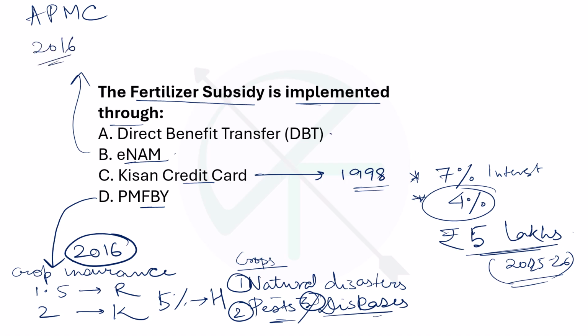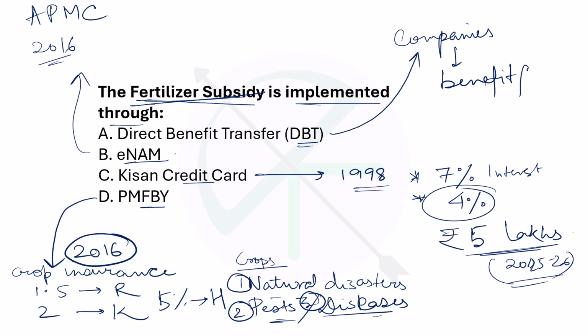And if we talk about DBT, what happens is that government provides subsidy directly to the companies, according to their sales in the retail section, and that subsidy is provided to the fertilizer companies so that they can benefit the ultimate consumers, the farmers, or those consumers who are buying the fertilizers. So option number A is the right answer. The fertilizer subsidy is implemented through direct benefit transfer, DBT.